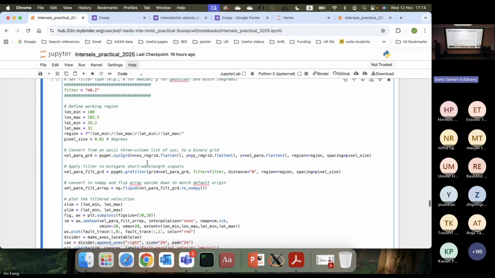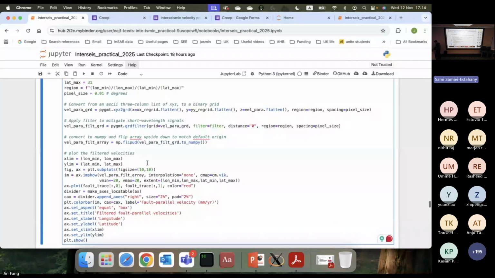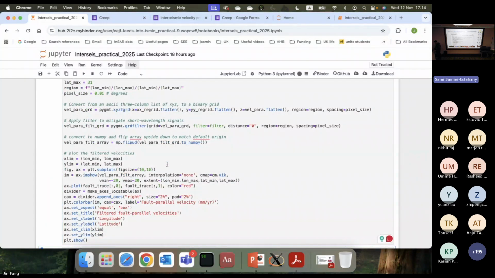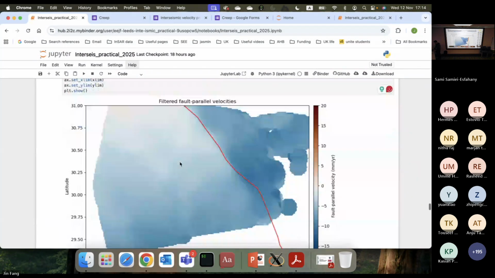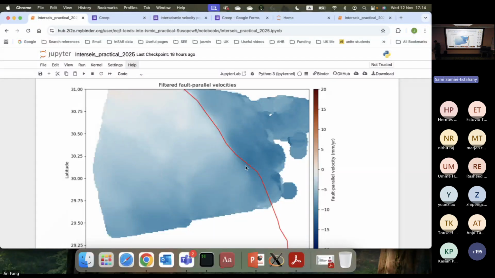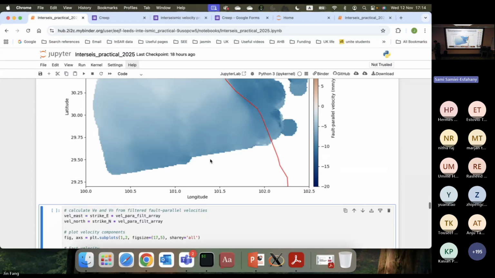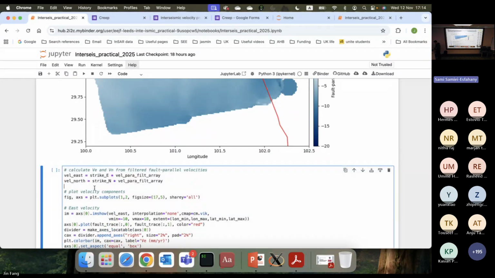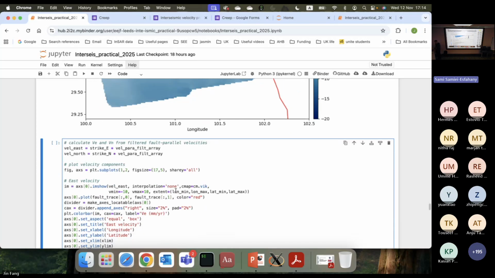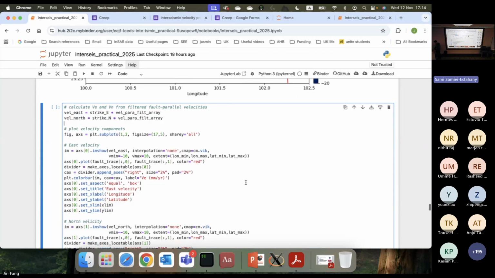Here we apply a median filter to the decomposed fault parallel velocities. This is the filtered velocities. And we calculate northward and eastward velocities from fault parallel velocities.